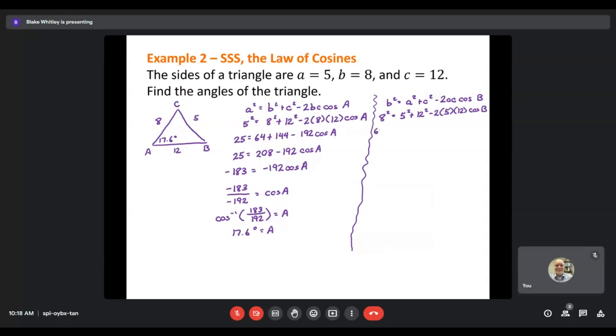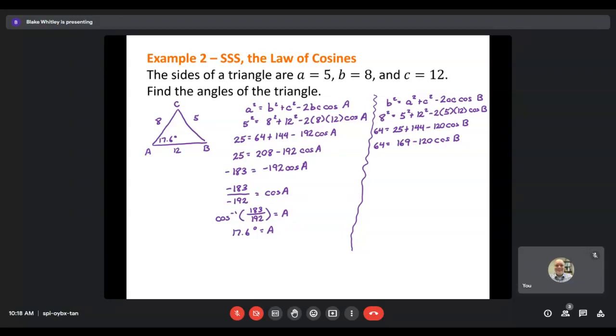So that gives us 64 equals 25 plus 144 minus 2 times 5 times 12, which should be 120, cosine of B. Combine the 25 and the 144 here. So 64 equals 169 minus 120 cosine of angle B.